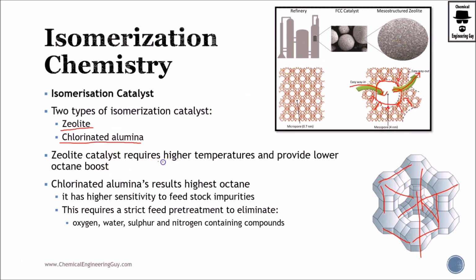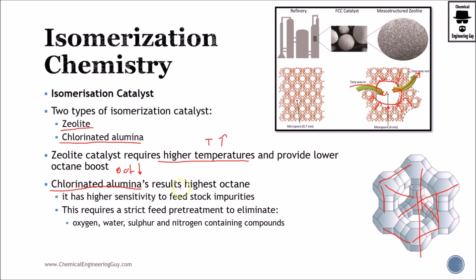Zeolite catalyst requires higher temperatures, so that's a disadvantage, and provides lower octane boost, so that's bad. So probably you're wondering why we would want to use zeolites. We're going to see it later, essentially because these zeolites are heavier, or it's a little bit more complicated to poison them compared to chlorinated alumina.